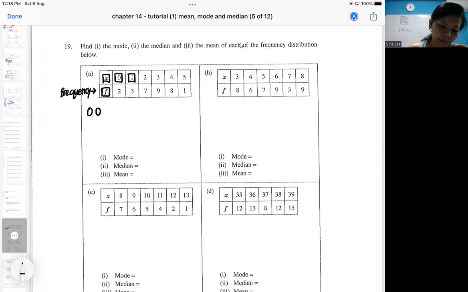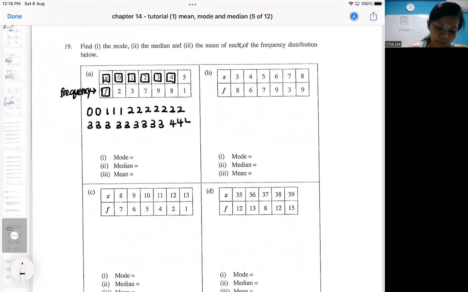X is 1, it appears 3 times. X is 2, it appears 7 times. X is 3, it appears 9 times. X is 4, it appears 8 times. Five only appears 1 time.